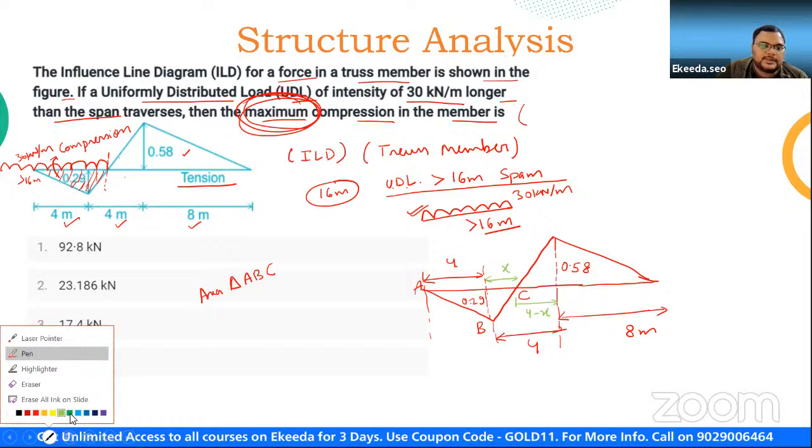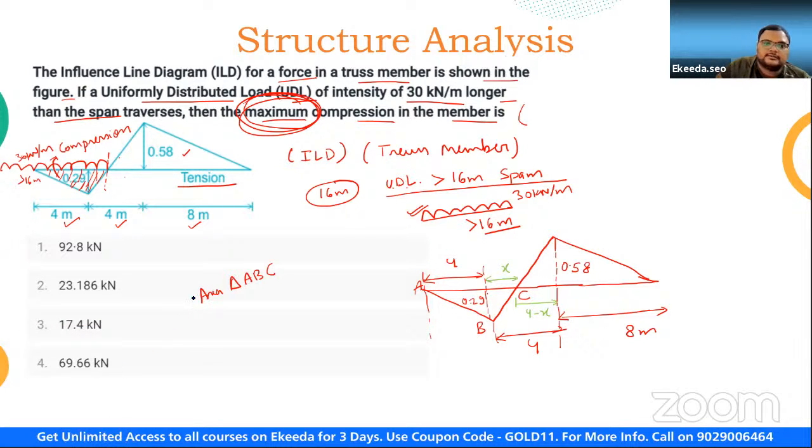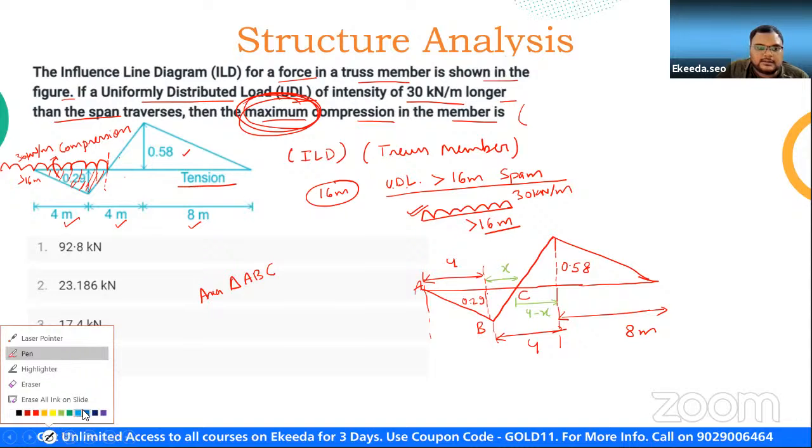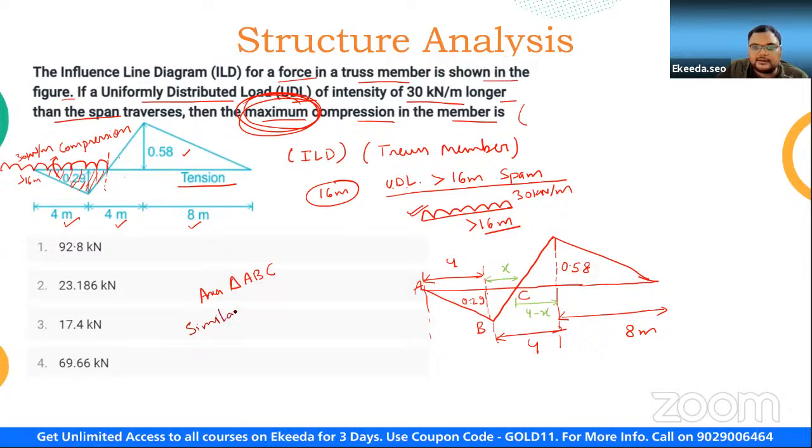Now we need to find this value of X. So can anybody tell me how to find this value of X? See, what I can do is I can apply the similarity of triangle. Let us say this is triangle 1 and this is triangle 2.